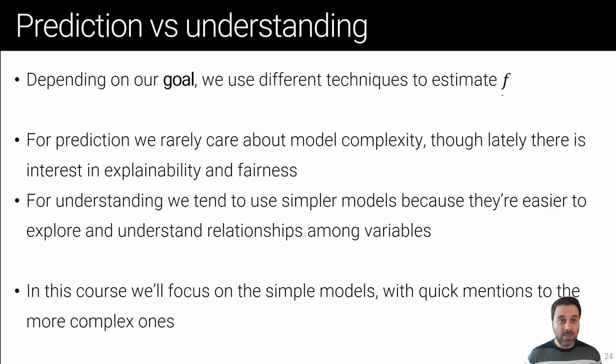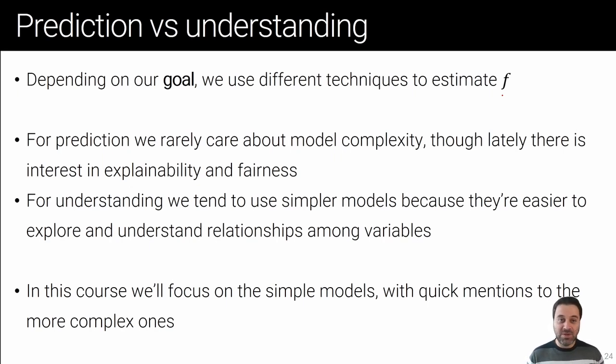And so depending on our goal, whether we want to predict something about new data or try to understand how the different variables relate to each other, we're going to use quite different techniques to estimate the model. So for prediction, we very rarely care about the model complexity. Lately, we have some research and a lot of interest in trying to explain why the model makes a certain prediction. What are the factors determining that a model makes a yes or a no prediction, for example, and making sure that the model is fair, that it's not biased against certain groups of people, for example.